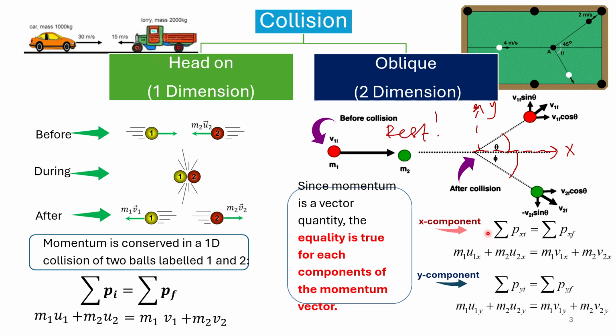For calculation, you have to write this down, and for u and v in the x equation you include the x components, and for the y equation you include the y components. The details of how to calculate this will be delivered in tutorial.